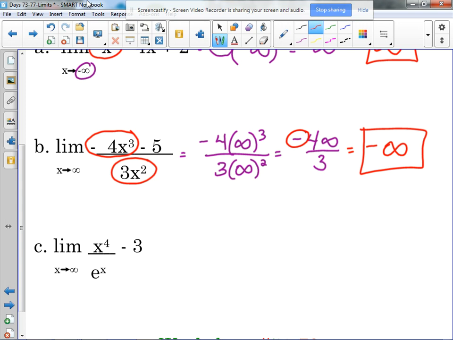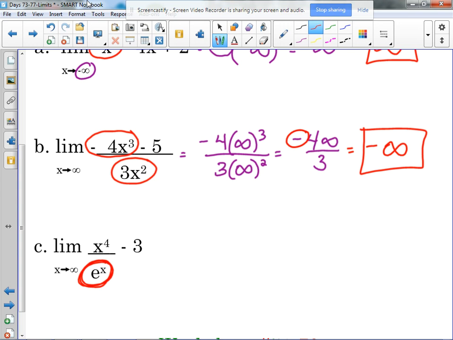Exponentials always grow the fastest. You've got logarithms are the slowest growth, then you've got polynomials, then you have exponentials. So this denominator here is a lot bigger than the numerator.